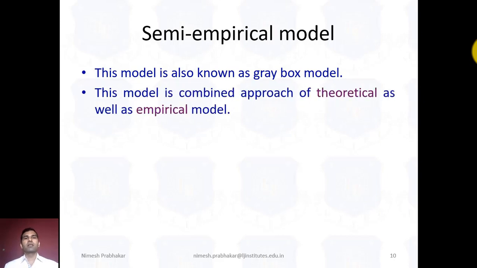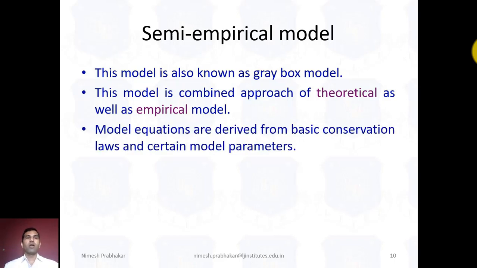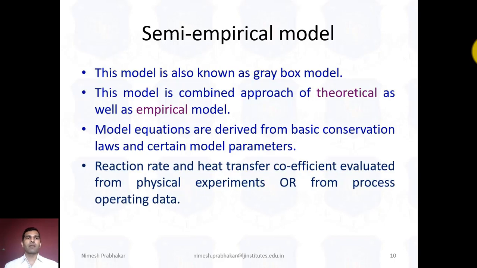This model is a combined approach of theoretical as well as empirical model, as we discussed. Model equations are derived from basic conservation law and certain model parameters, for example reaction rate and heat transfer coefficient, are evaluated from physical experiment or from process operating data.